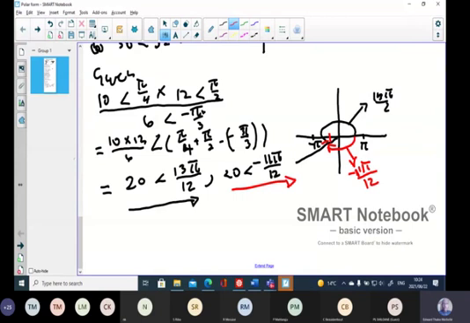After De Moivre's theorem, we will also deal with the exponential form of a complex number. Now I'm going to come back here to stop my class.